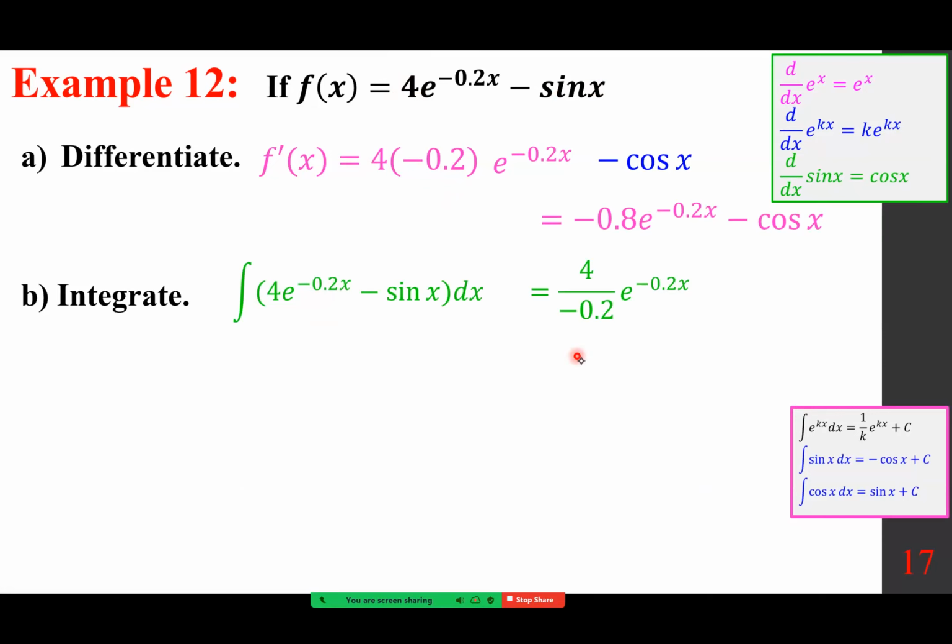And this is 4 divided by negative 0.2, or negative 20, minus. What is the derivative of sine x? Cosine x. What is the integral of sine x? Negative cosine x. Negative and negative makes it plus cosine x and a constant. And we write the final answer.